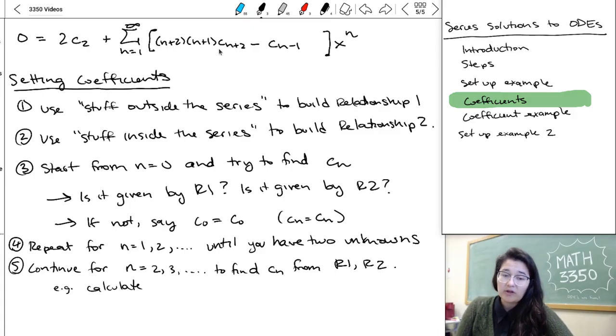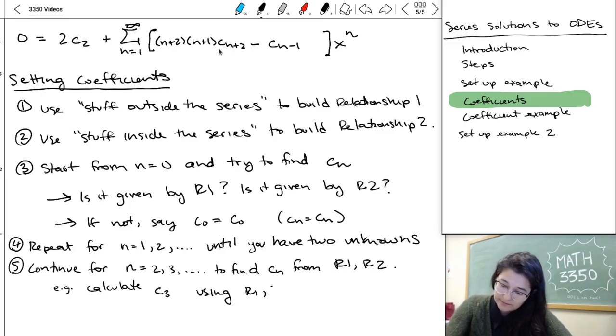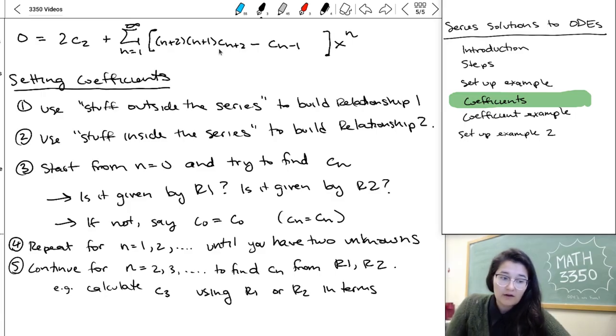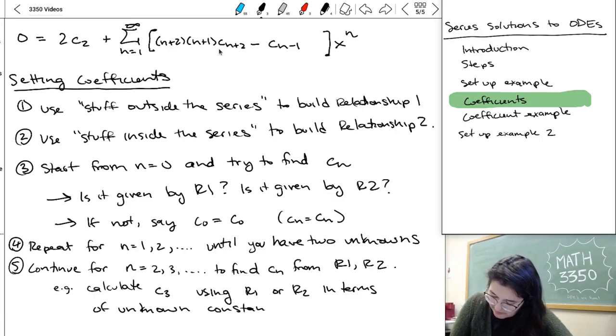So for example, we could be calculating C3, and we would use R1 or R2 which will be in terms of our unknown constants, which might be like C0 or C1.